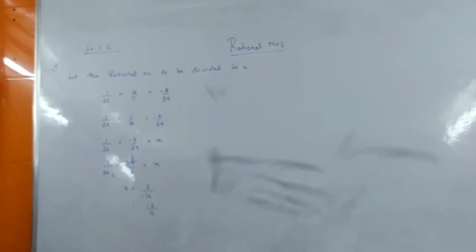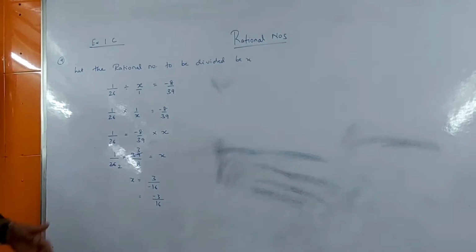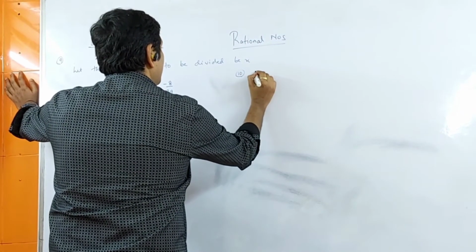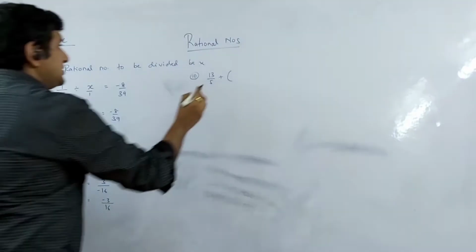This is the 9th sum. Now we do the 10th sum. Divide the sum of 13 upon 5 and minus 12 upon 7. Sum means plus: 13 upon 5 and minus 12 upon 7.